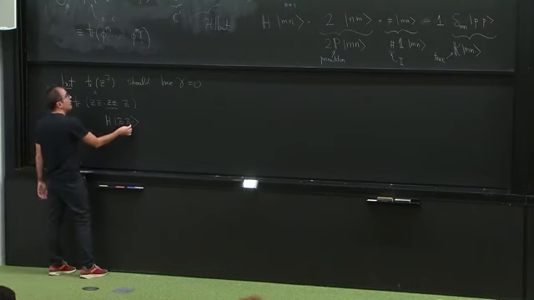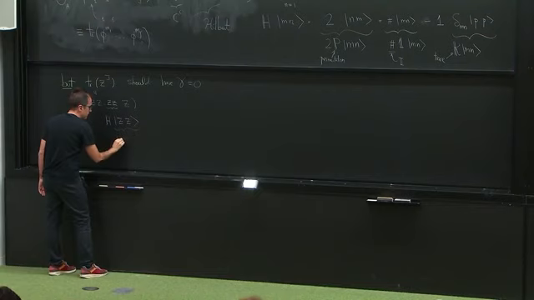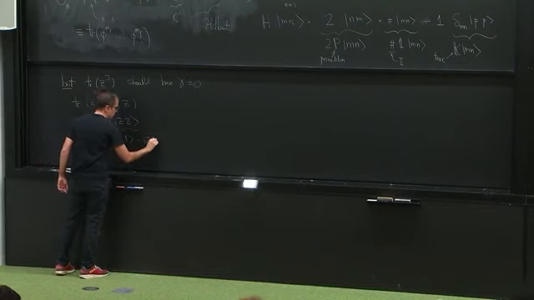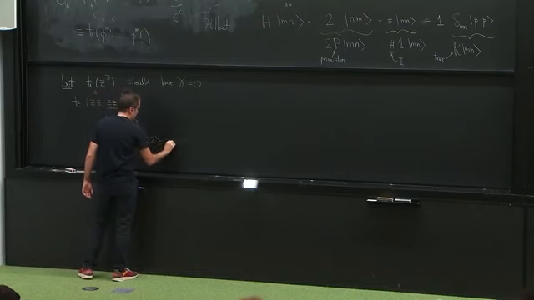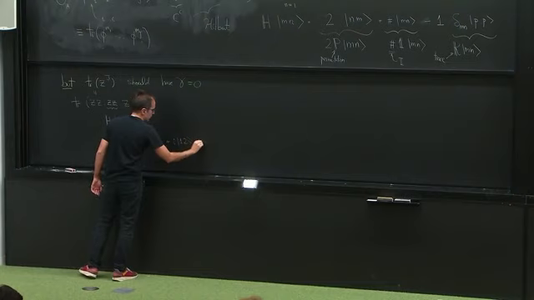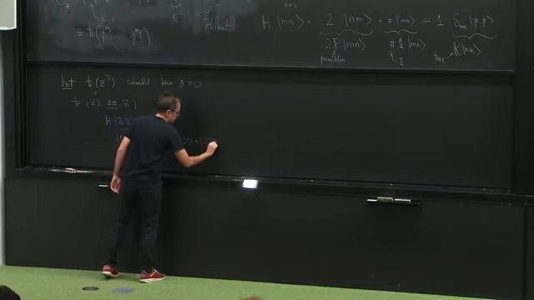Well, if I go to that language where we know how to act, this object, like we said before, is 1,1 minus 2,2 plus i 1,2 plus i 2,1.